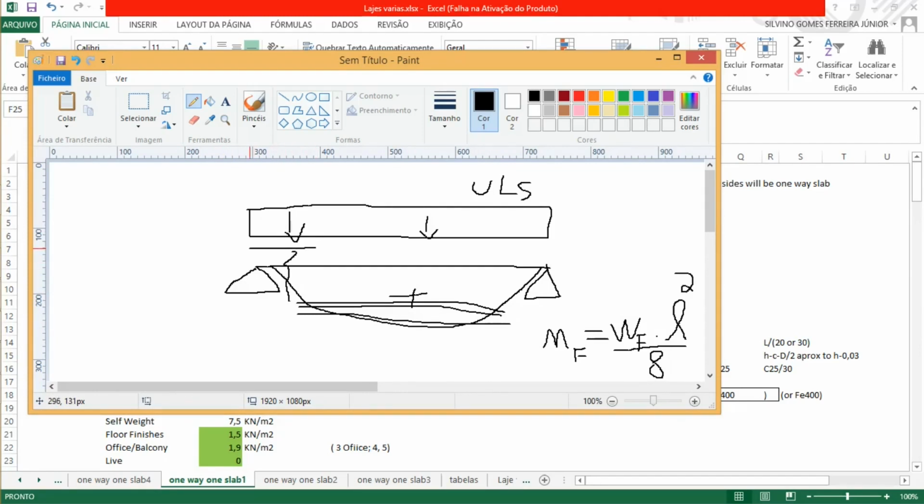This is why on the top we have to consider putting some reinforcement. It's not necessary in the calculation, I repeat. To execute the calculation only the main reinforcement is needed for a one-way slab, but we need to put this reinforcement on the support to avoid cracking near the support.